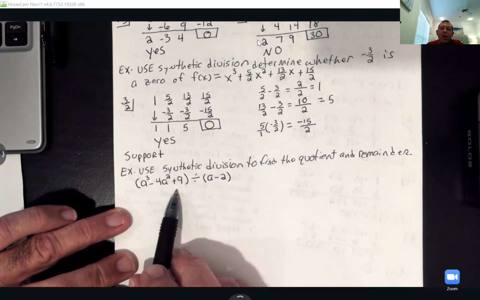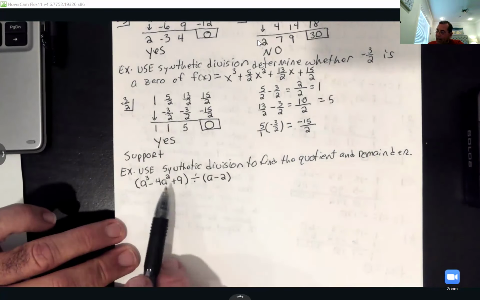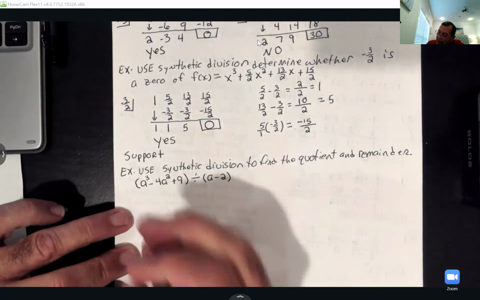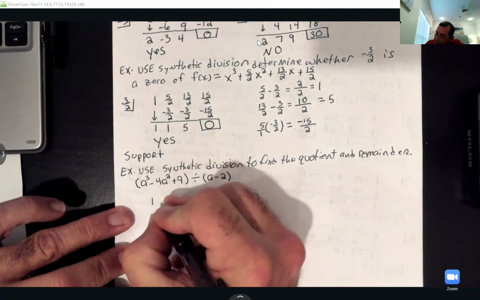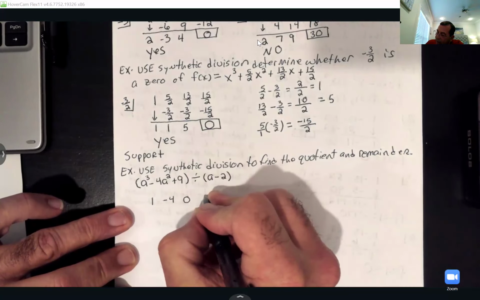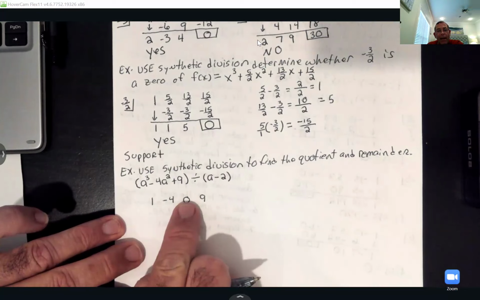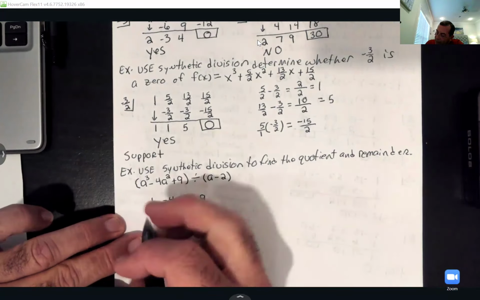So since there's no a term, we got to put a 0 there. And then our 9 will be at the end. So our coefficients are 1, negative 4, 0, and 9. So my a cubed, my a squared, my a, and my number.